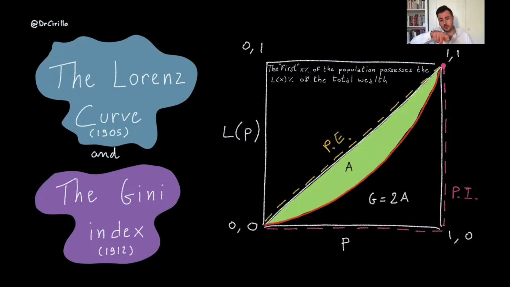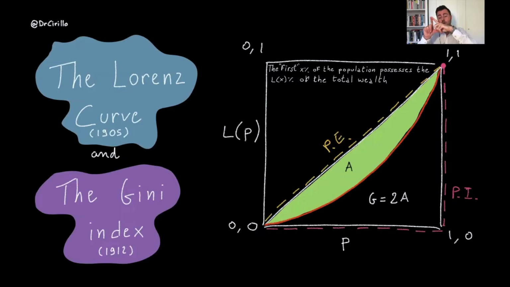So it is the line that you see dashed on the screen, and that we call LPI, the Lorenz curve of perfect inequality.